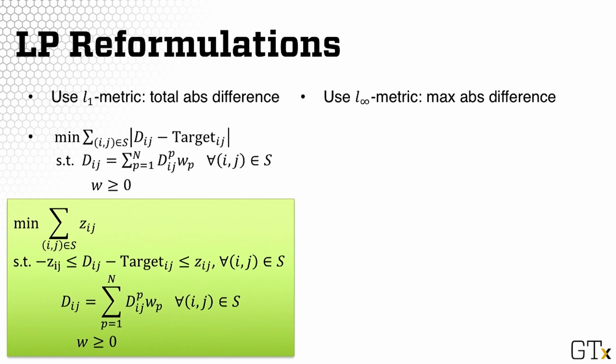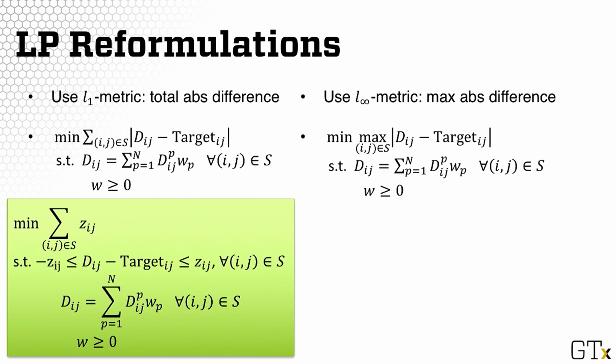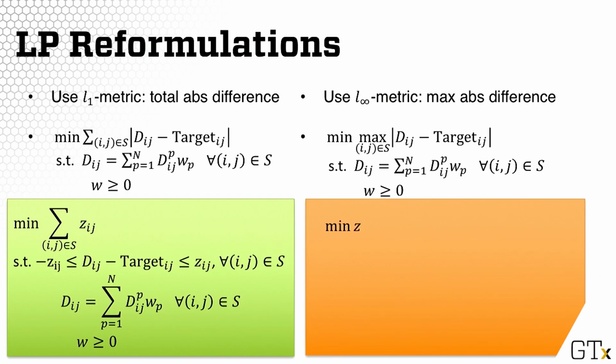For the L infinity metric, or the maximum difference, if we want to minimize the maximum difference between the delivered dose and the target dose, this problem again can be reformulated by introducing a new variable. Now we only need one new variable, z, such that z is greater than or equal to the max here. But since z is greater than or equal to the max, then z should be greater than or equal to each absolute value over each pixel.